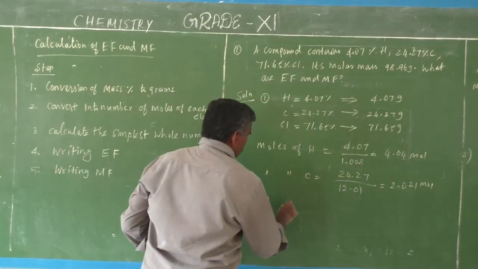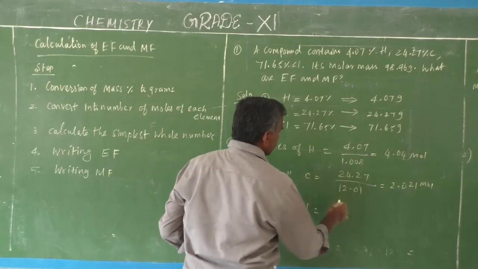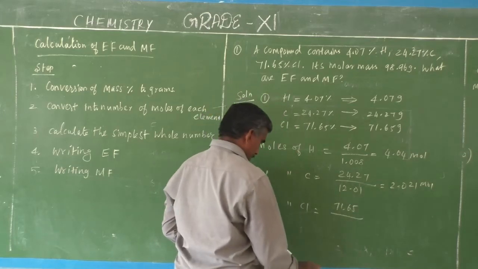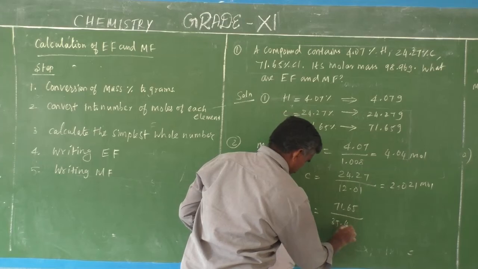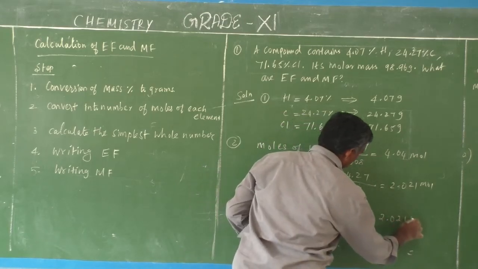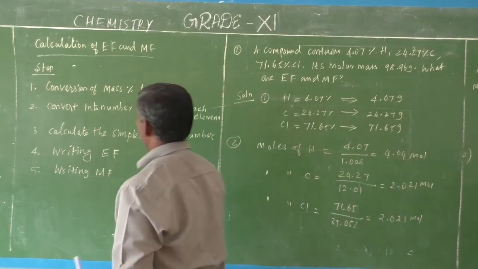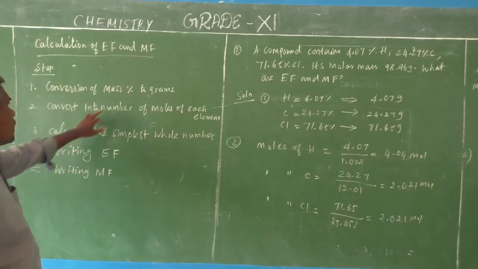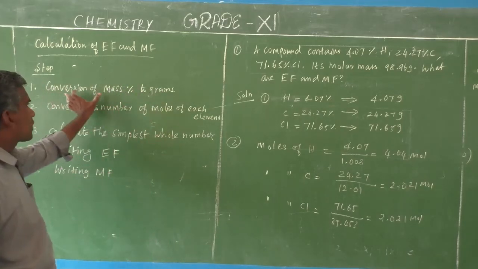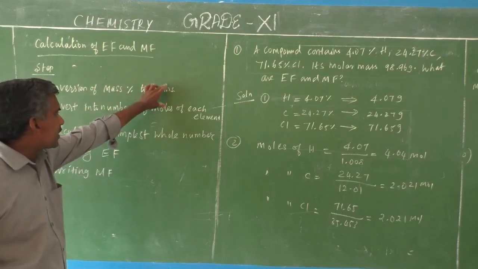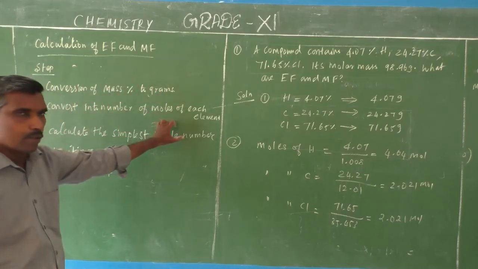Now chlorine: given mass 71.65, atomic mass 35.453, that is 2.021 moles. So that is the second step, convert into moles. First step, mass percentage is converted into gram. Second step, this gram is converted into moles.